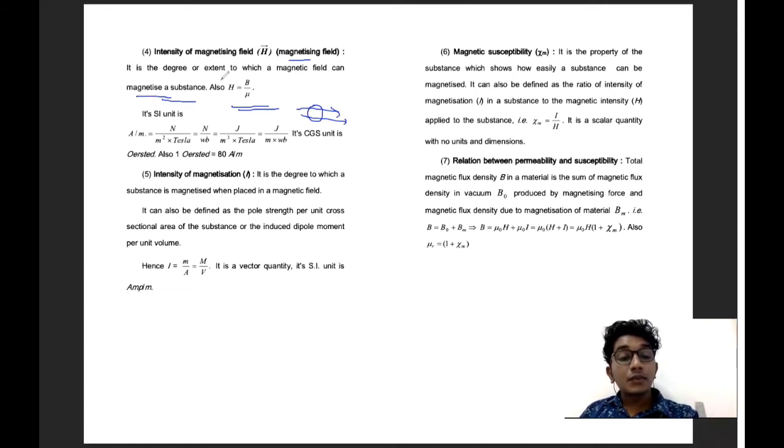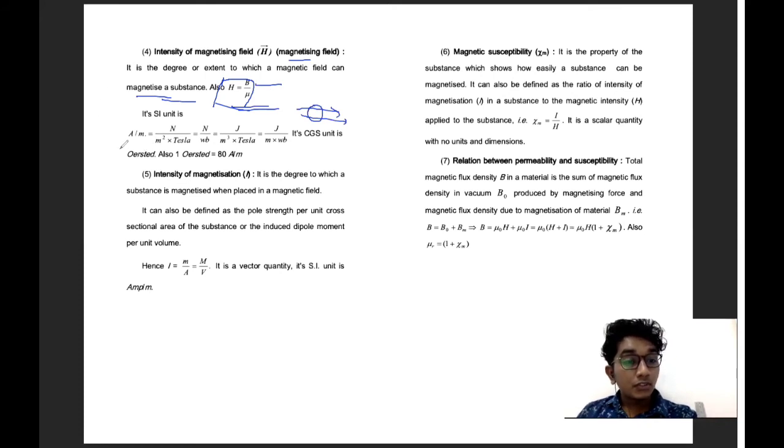The equation is H is equal to B upon mu, where B is the intensity of magnetic field or flux density, divided by mu, the permeability. The SI unit is ampere per meter.